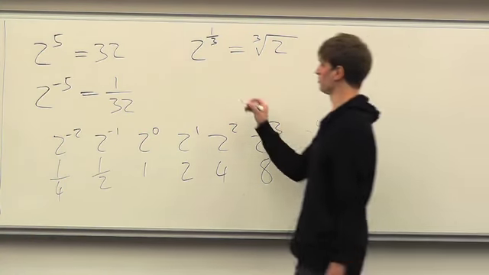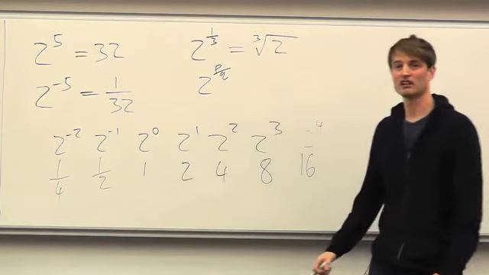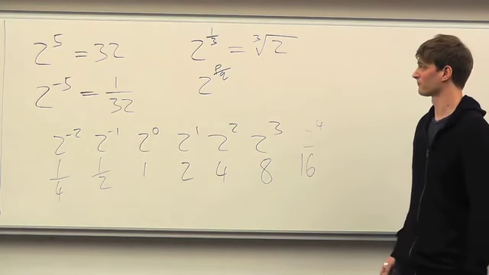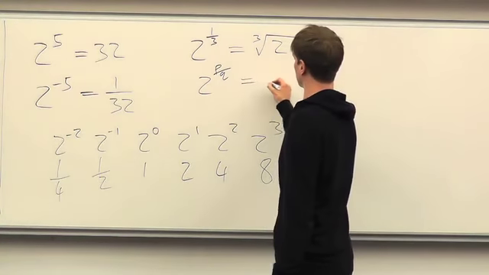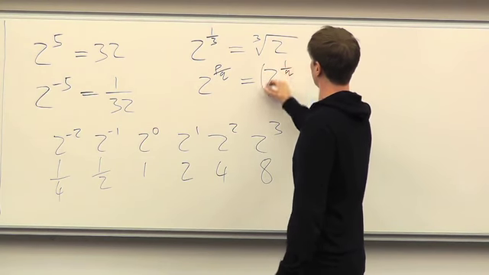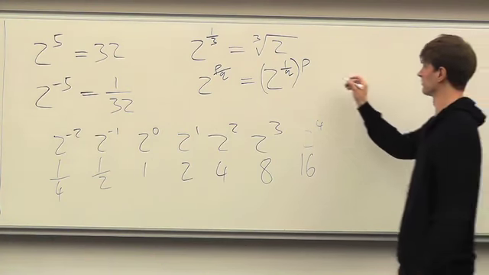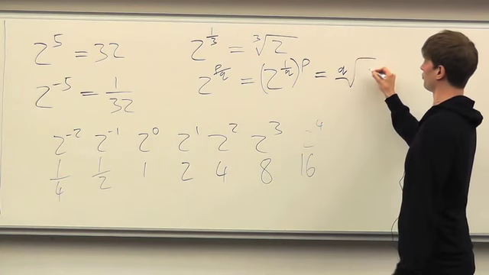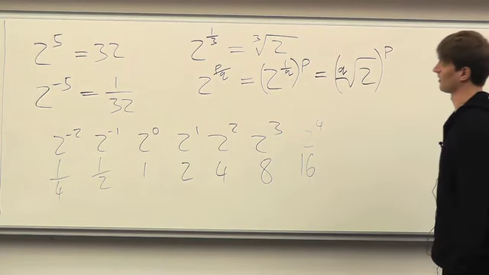All right, and what about 2 to a general fraction, where I've got some integer p divided by some other integer q? What do we mean by this? Well, we could mean one of two things. Turns out they're both the same. Using our rules for exponents, I can rewrite it in this form, in which case it's revealed that this is the qth root of 2 raised to the power p.